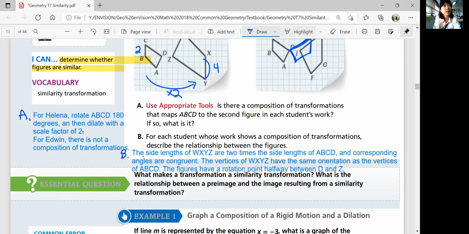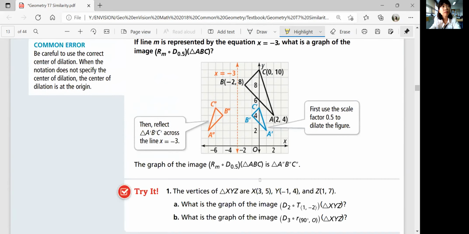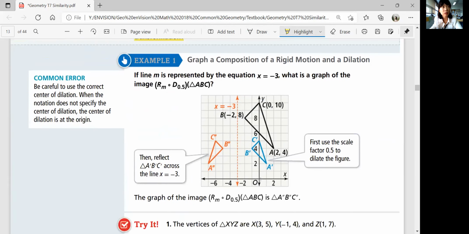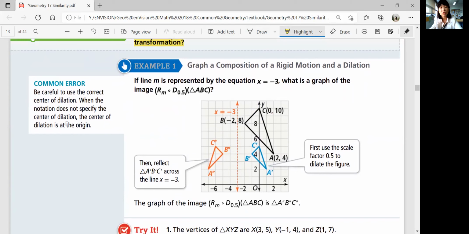Okay, so in this lesson, let's think about what makes a transformation a similarity transformation, and what is the relationship between a preimage and the image resulting from a similarity transformation. Let's look at example 1. Graph a composition of a rigid motion and dilation. Do you remember what rigid motions are?